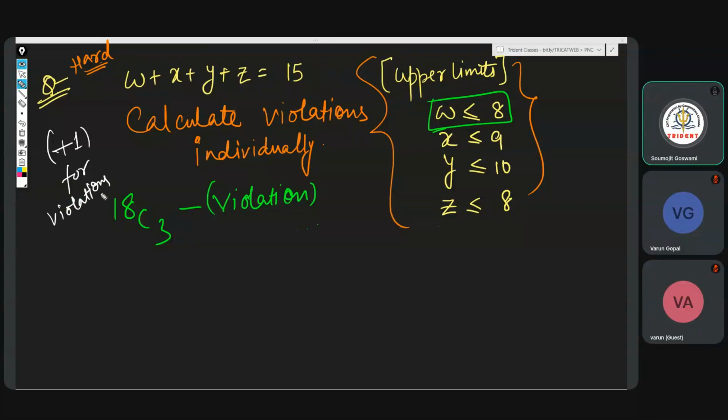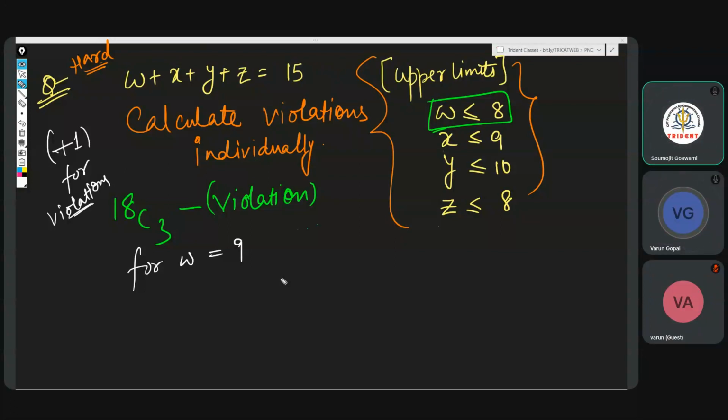Okay. So if you have understood what I am trying to say, for W, this is going to be 9, right? Now, if this is 9, 15 minus 9, 15 minus 9, 6. Salah, this is the problem.